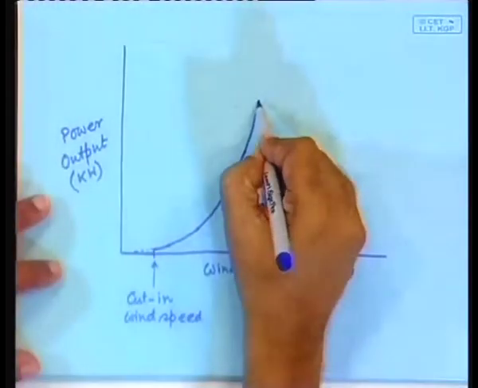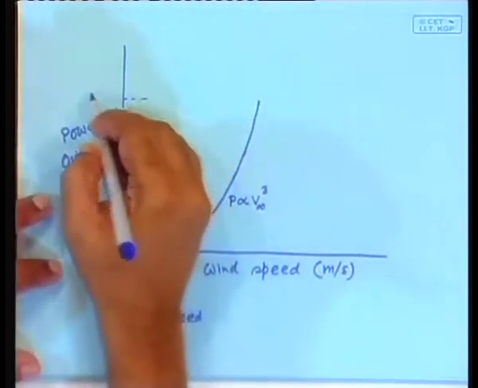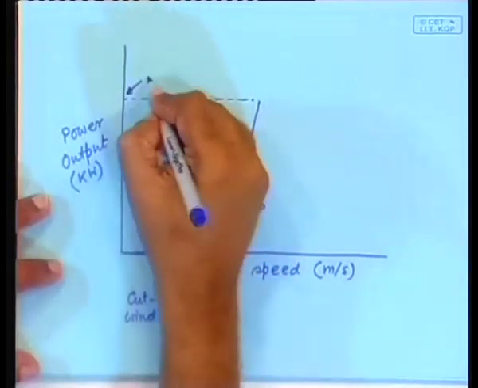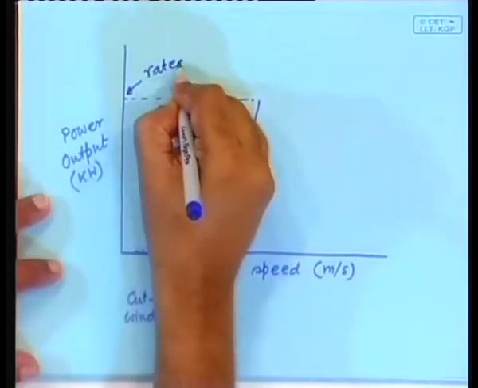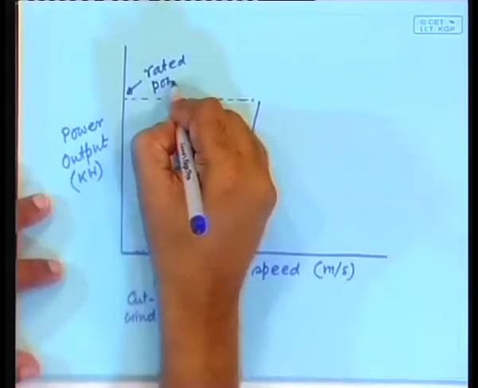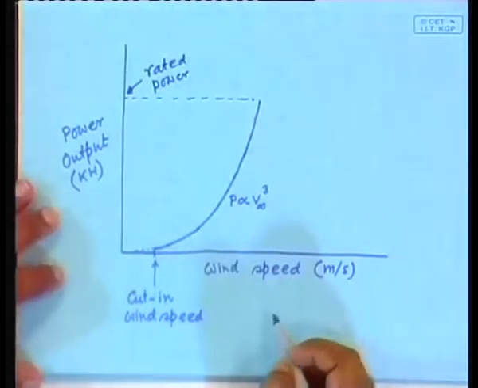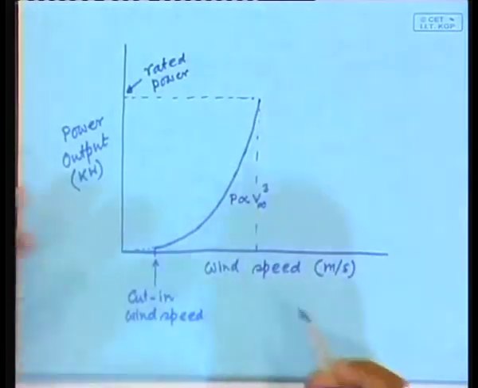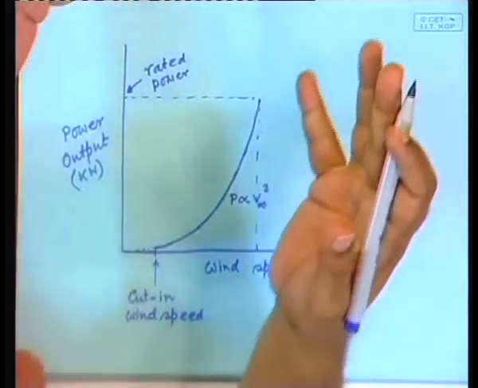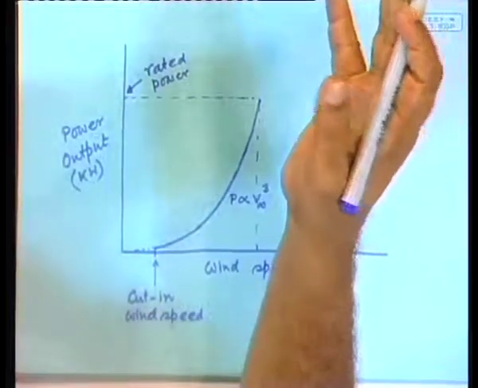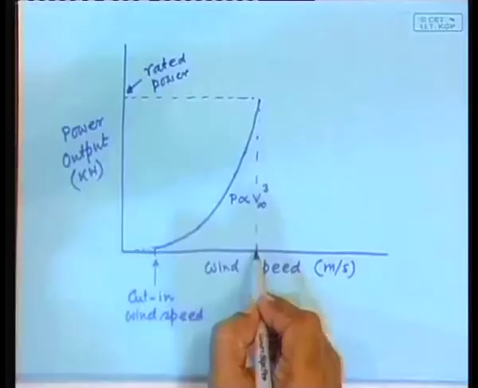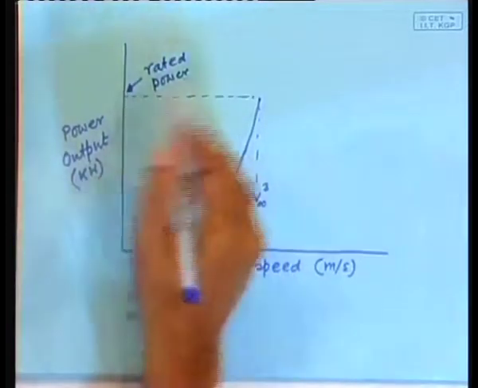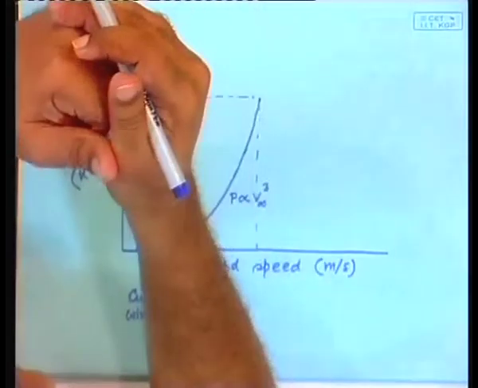So, it has reached this point where it is the rated power, and it is reached at a wind speed, that is the rated wind speed. So, that means when you construct the wind turbine, you construct it in such a way that if the wind speed is this much, the power output will be that much, and that is the rating of the machine.